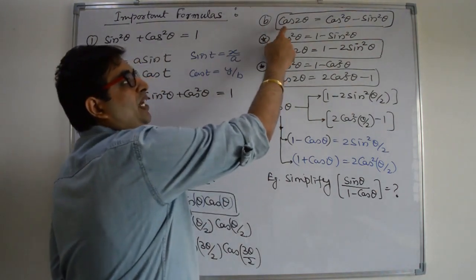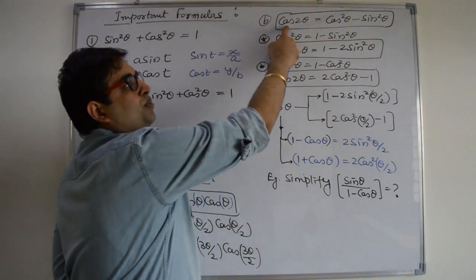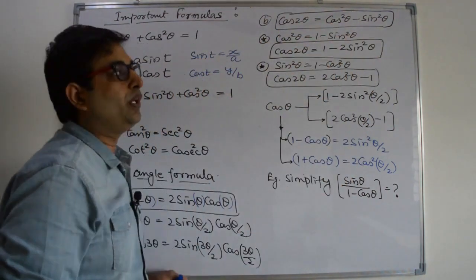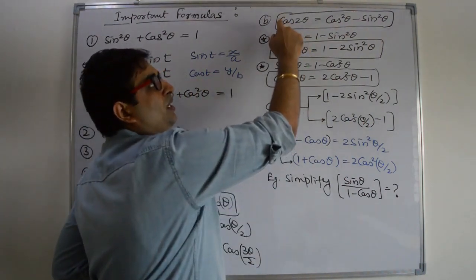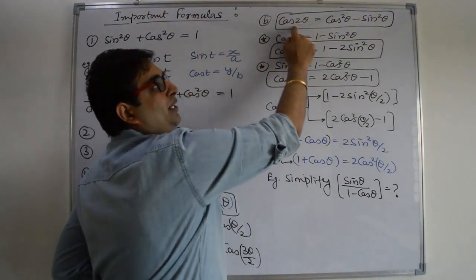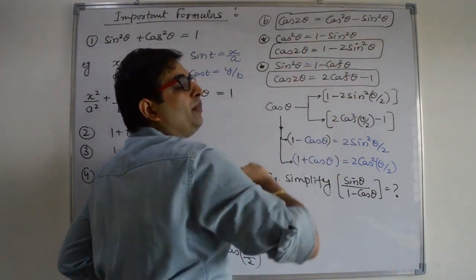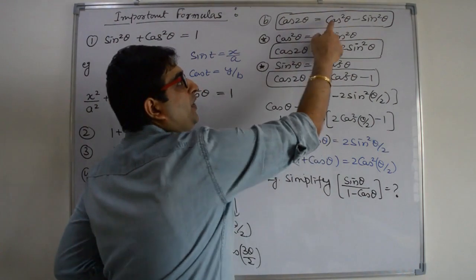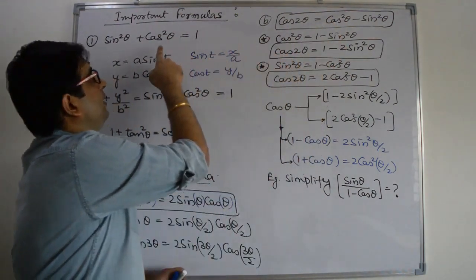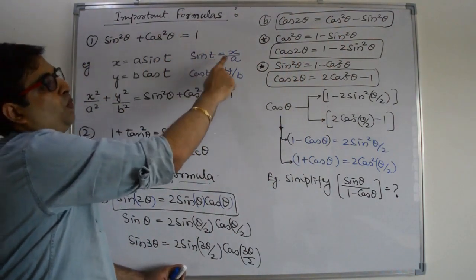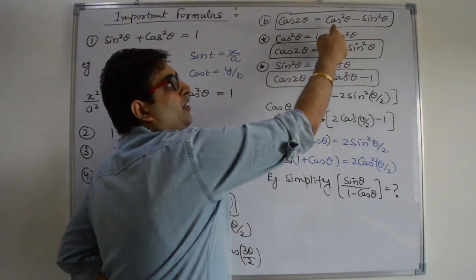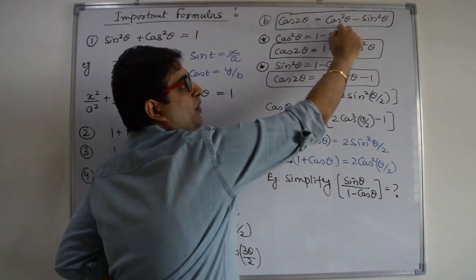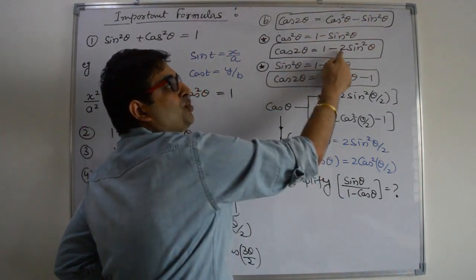Similar to sin, we have a cos formula also. Cos 2 theta is cos square theta minus sin square theta. So again we are converting the cos 2 theta angle into theta angle, and the formula is cos square theta minus sin square theta. If I replace cos square theta as 1 minus sin square theta, then it becomes 1 minus 2 sin square theta.